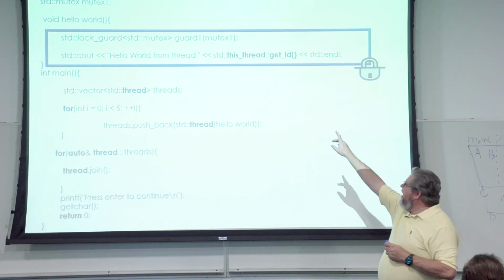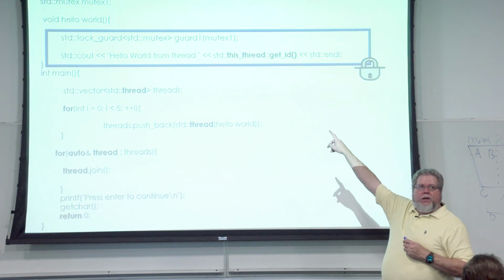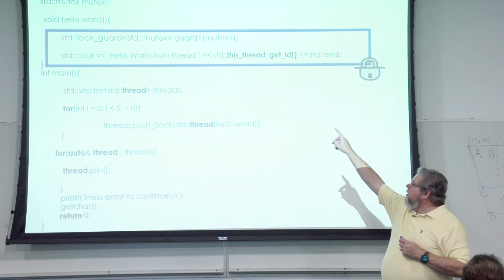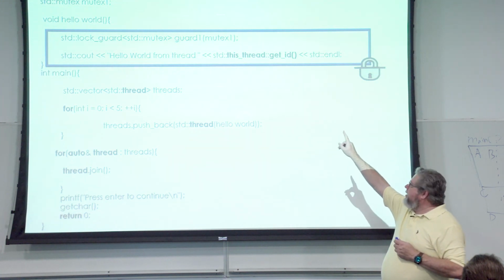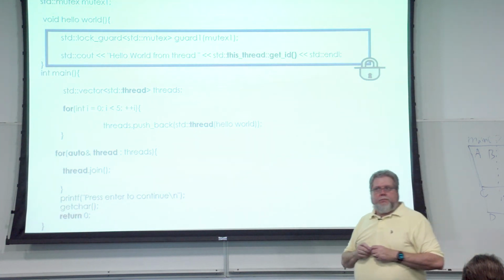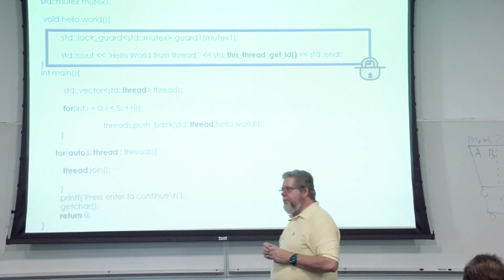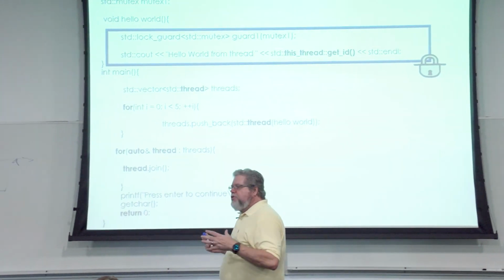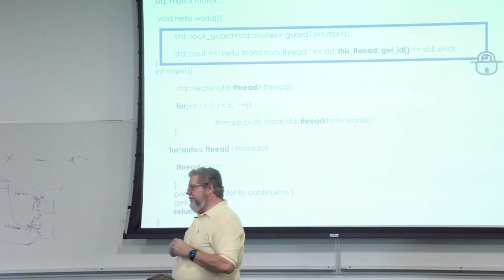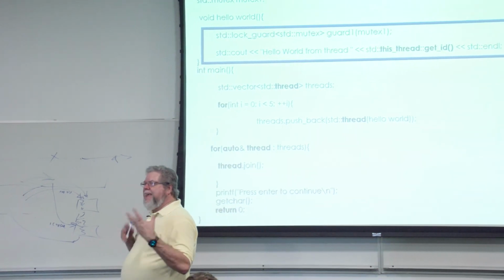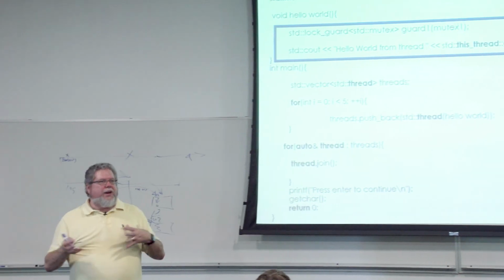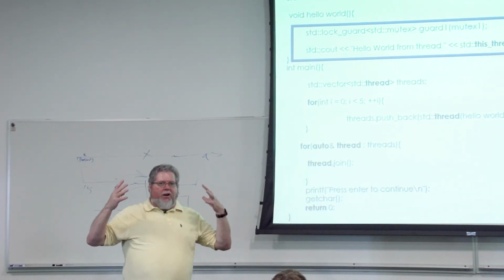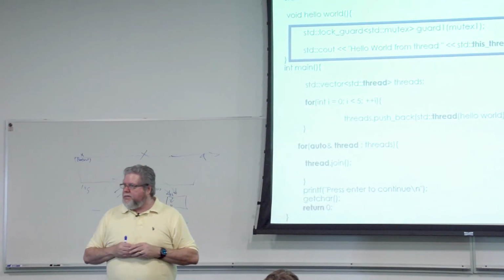So the thing I'm creating is an object, it's called a lock object, named guard1 using mutex1 as its pattern. Okay? If I'm just using regular locks and unlocks, and my code needed 10 mutexes, well, locks and unlocks use the actual mutex, so I would have to declare 10 different mutexes.